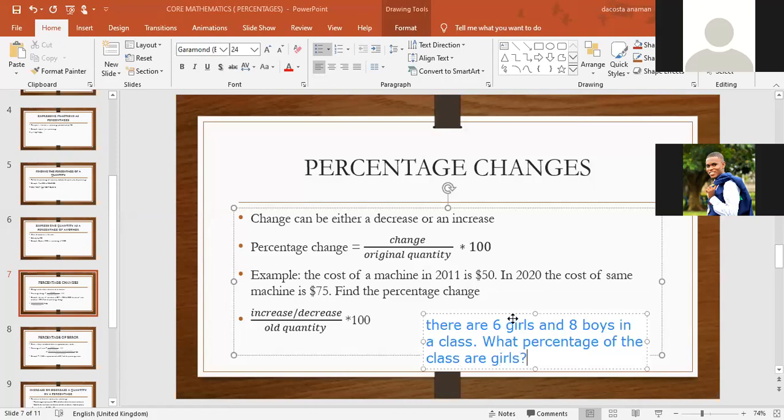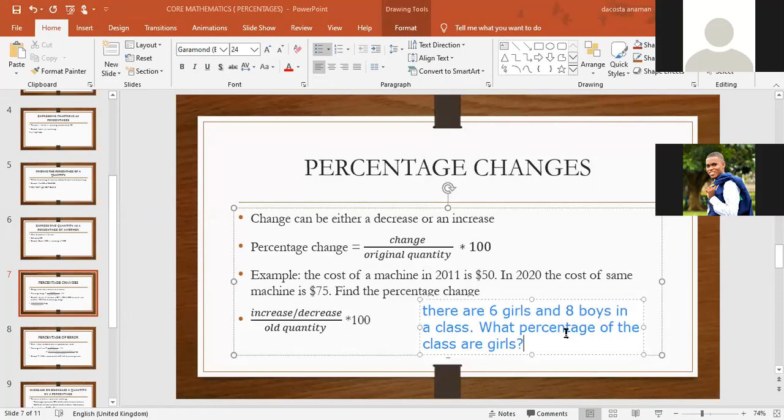There are 6 girls and 8 boys in a class.